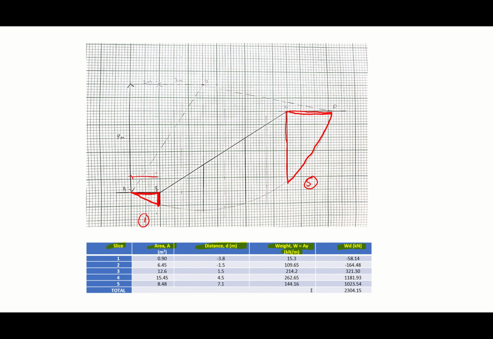This is B, and then that will be the H. So that will be slice number 1, and then slice number 5. You calculate using the area of a triangle, get the value, and put it inside your table.